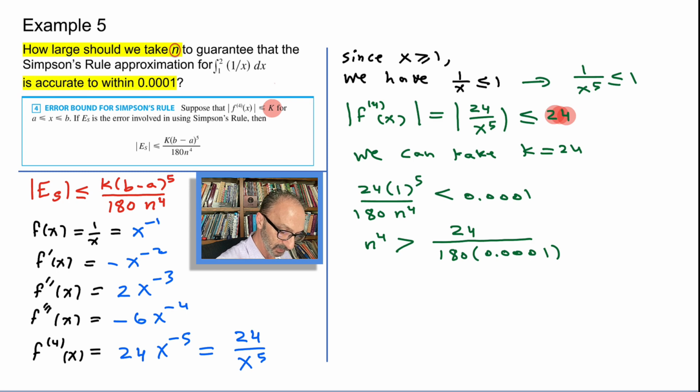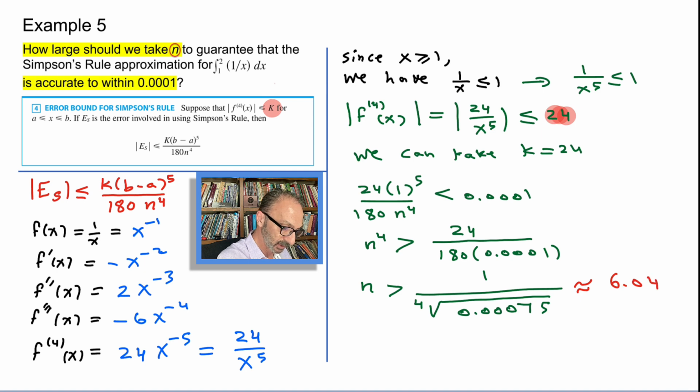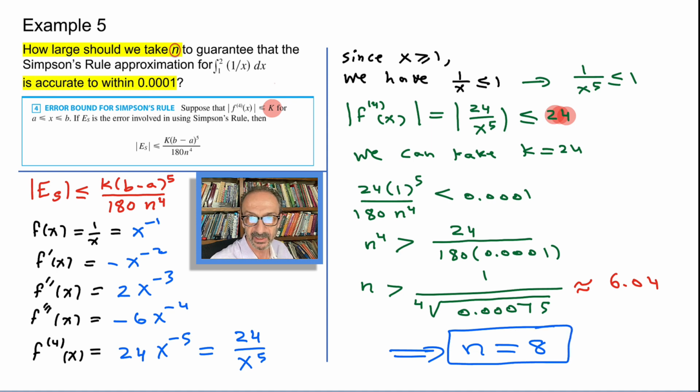Simplifying this and applying the fourth root, n should be greater than 1 over the fourth root of 0.00075, and that is approximately 6.04, which means we can take n to be 8, because n has to be even, and we can't take 6.04 or even 7. So we need n to be 8.